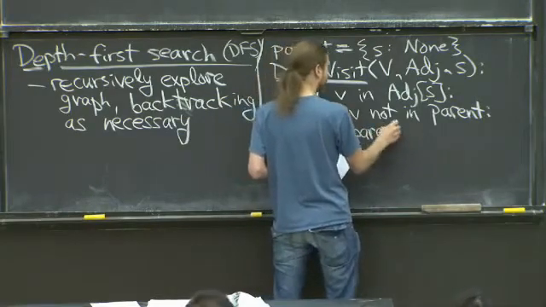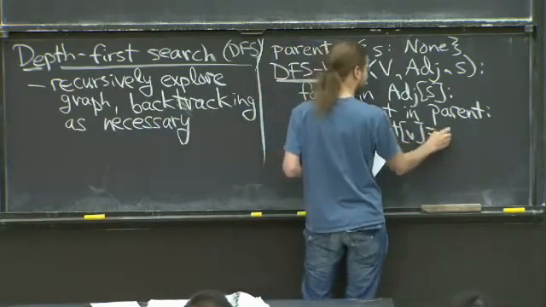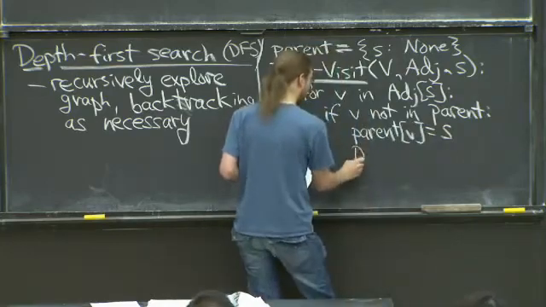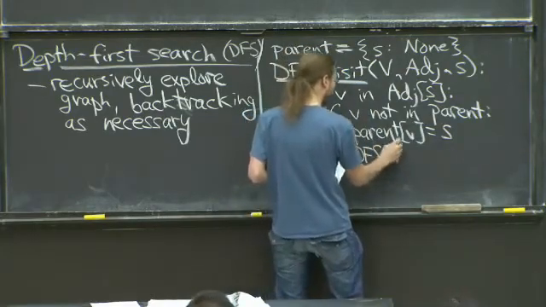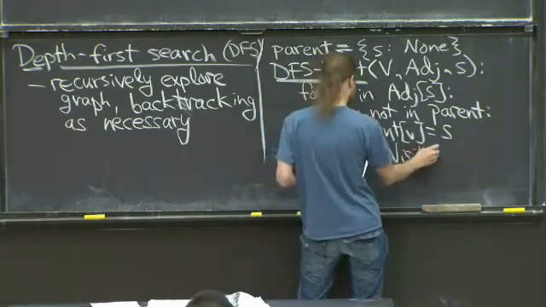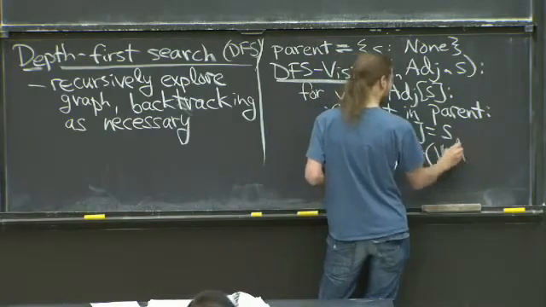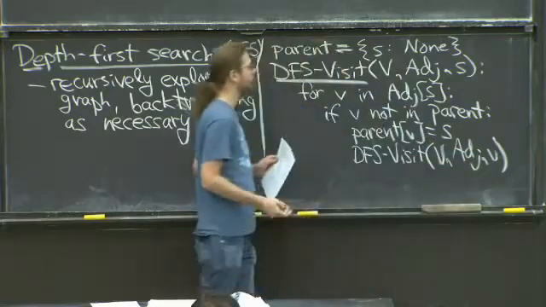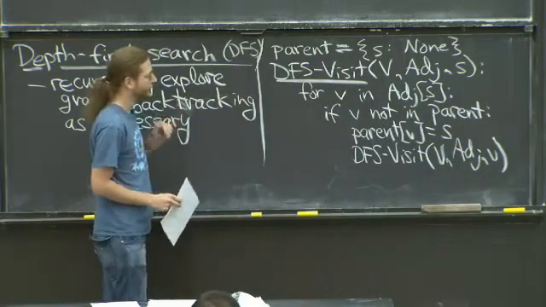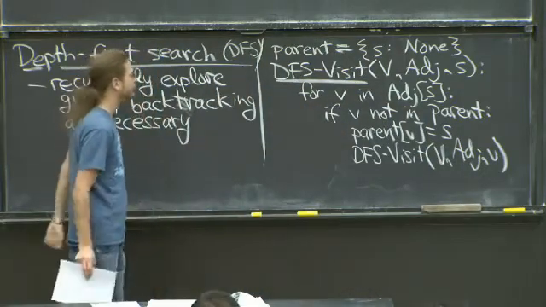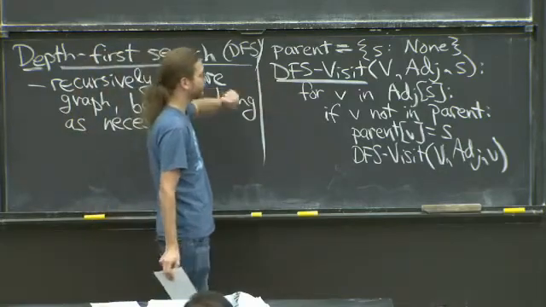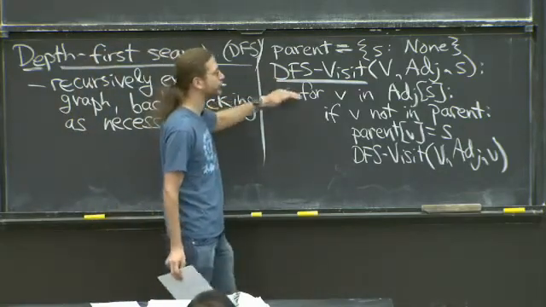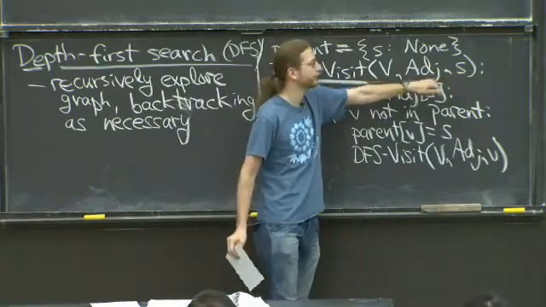It's 4 lines. I'm going to write a little bit of code after this, but this is basic depth-first search. This will visit all the vertices reachable from a given source vertex S.